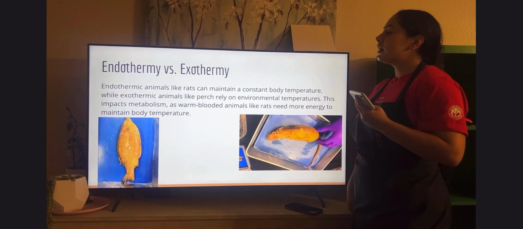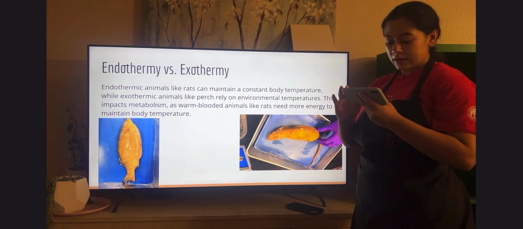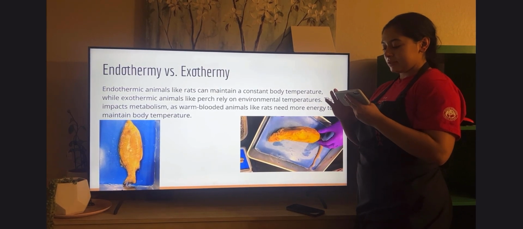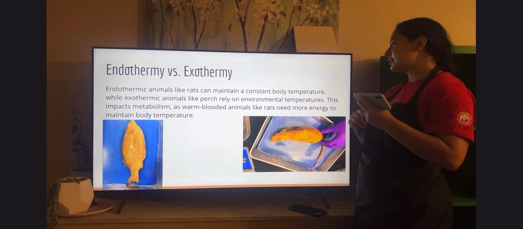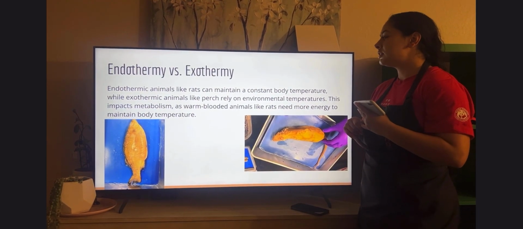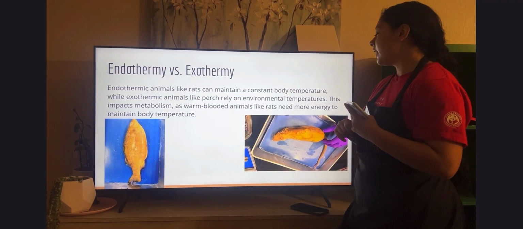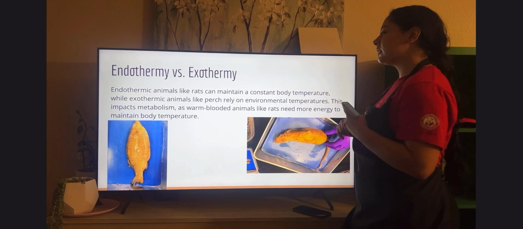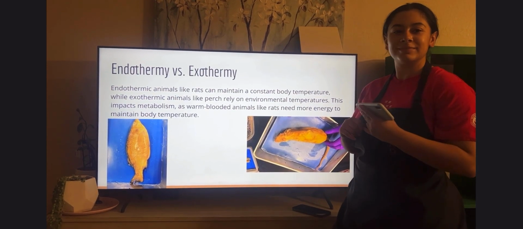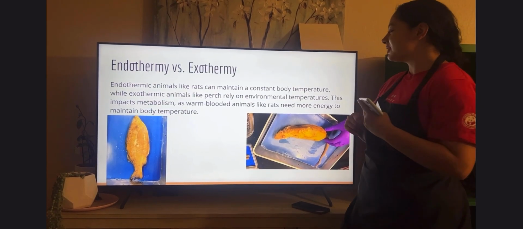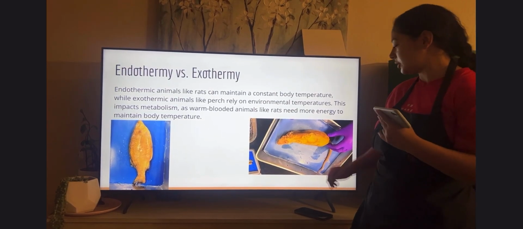So, endothermy versus ectothermy. Endothermic animals like rats can maintain a constant body temperature, while ectothermic animals like perch rely on their environmental temperatures. This impacts metabolism, as warm-blooded animals like rats need more energy to maintain body temperature.